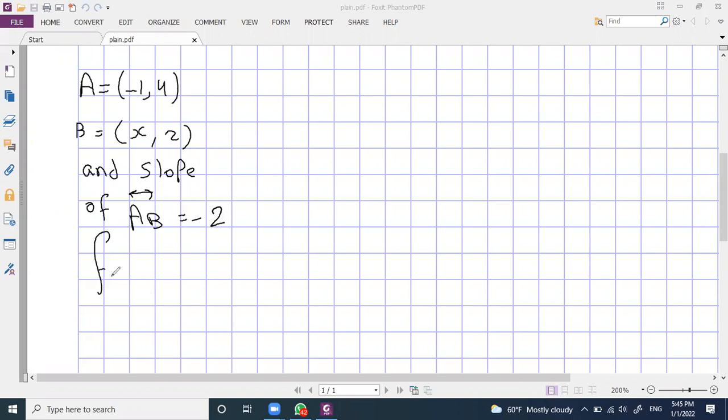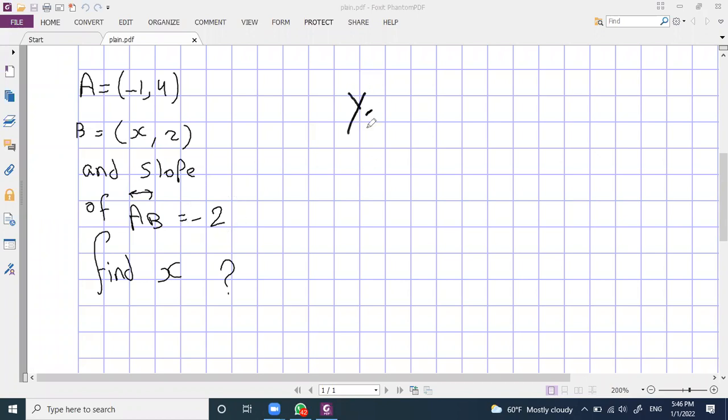Find x. Salma, how can we find x? You know, the slope is -2.